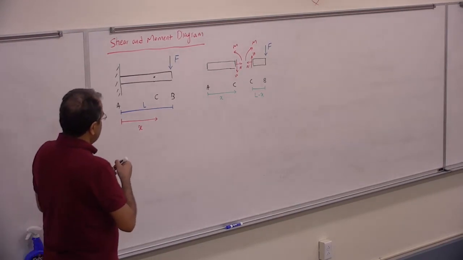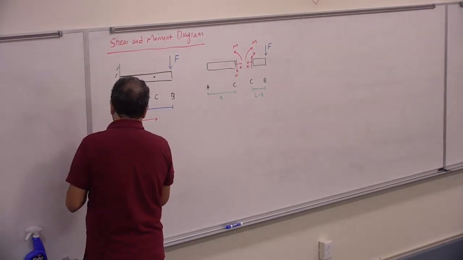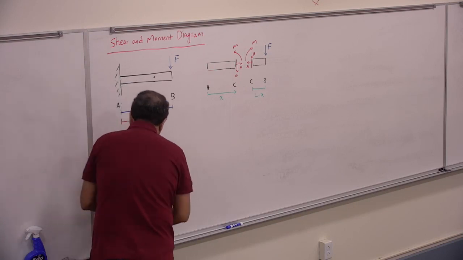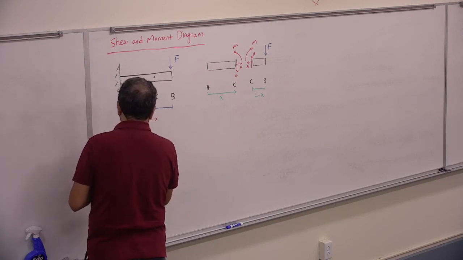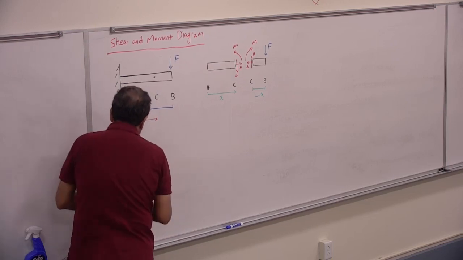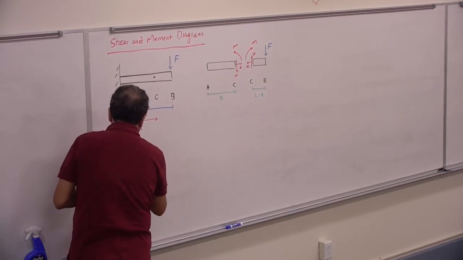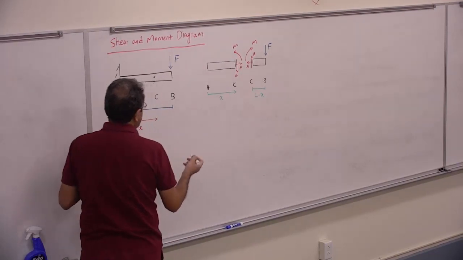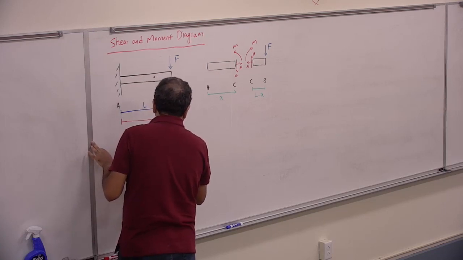Now, if I settle for AC, I write sigma Fx is 0, and it gives me N as a function of x.